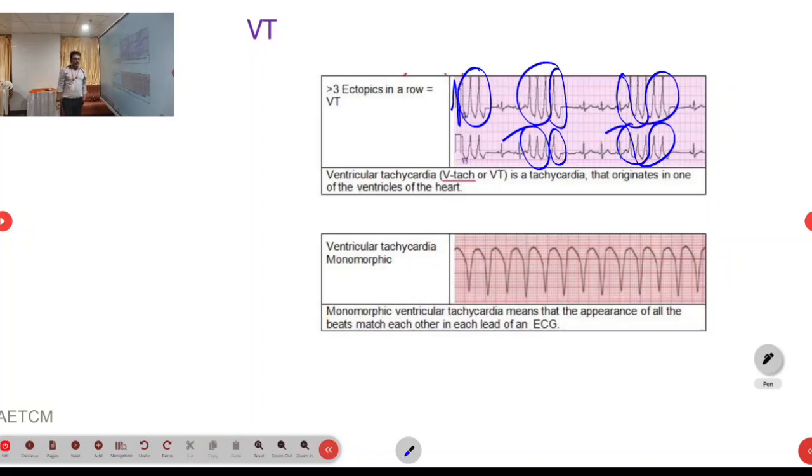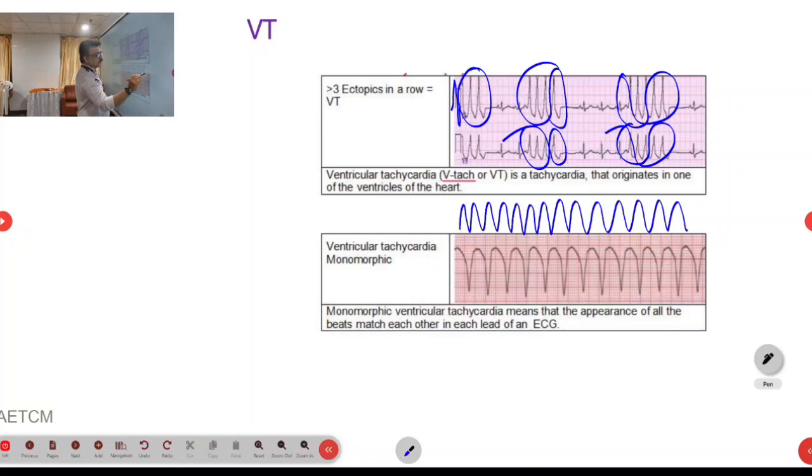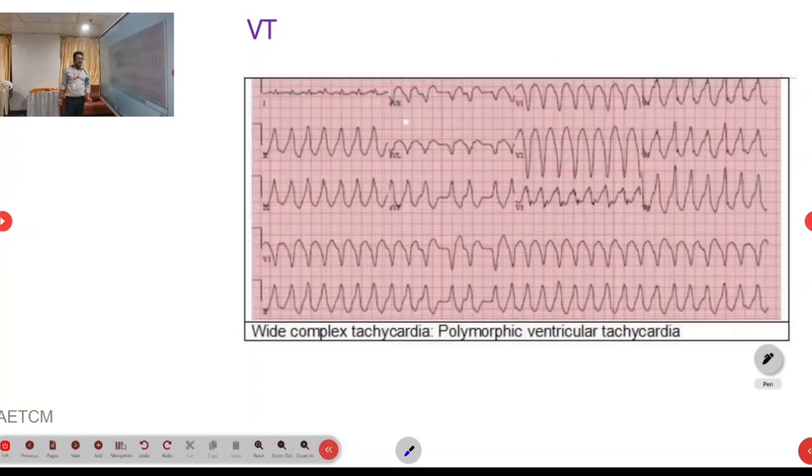VT can be monomorphic or polymorphic. Here we are seeing monomorphic VT. That means only one form of continuous ventricular ectopic, that is known as ventricular tachycardia, and that is monomorphic. VTs can always be dangerous.